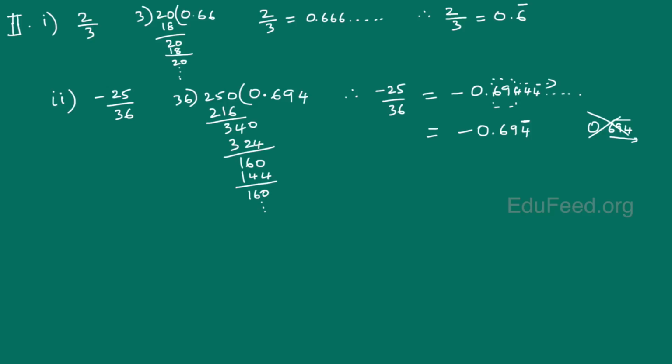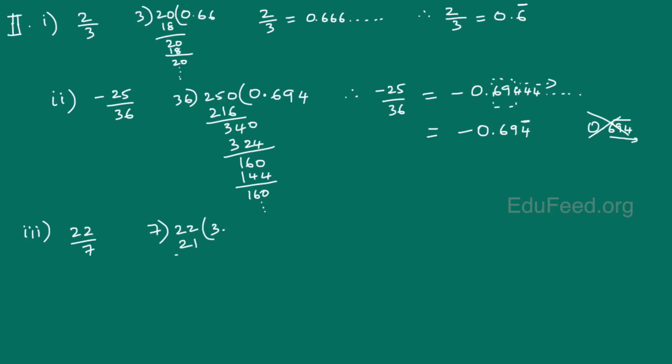Let's move on to the third problem. 22 by 7. This is famously called pi. Let's go ahead with the division. 7 3 times would be 21.